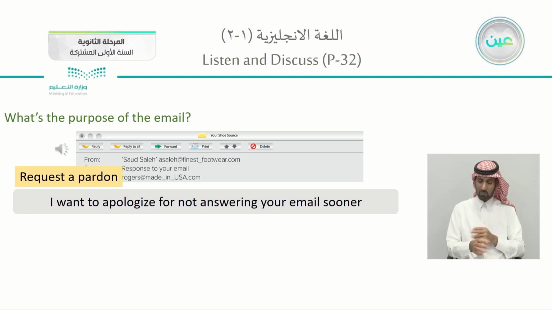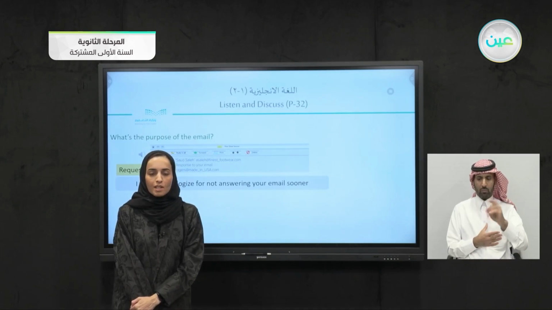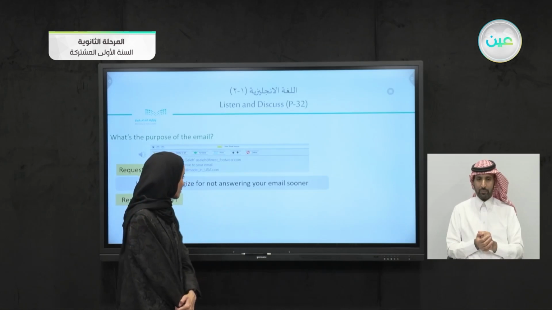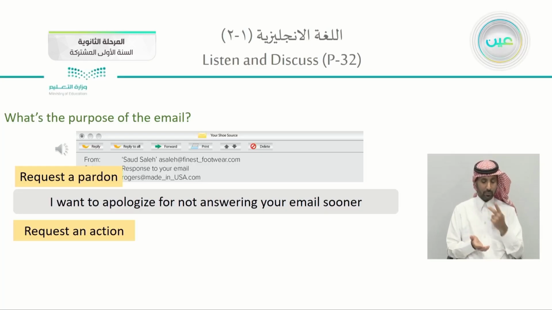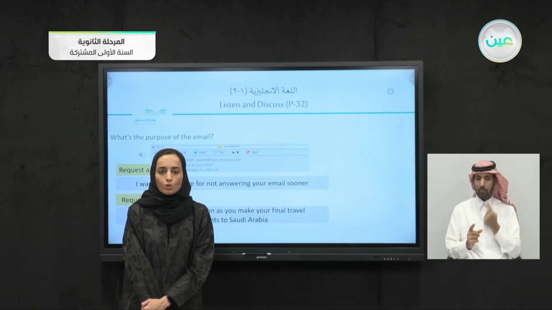Mr. Rogers has sent an email to Mr. Saud Saleh. However, he didn't reply anytime soon because he wasn't available. Now he is sending back and he's saying sorry for not replying to your email. Also, he requested an action. I want him to do something. When he said, please email me as soon as you make your final travel arrangements to Saudi Arabia, he means I am still waiting for an email from you when you finish your arrangements to come to Saudi Arabia so we can arrange meetings together.